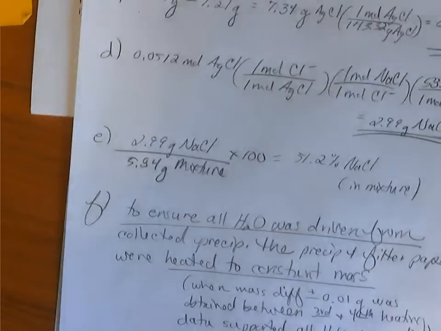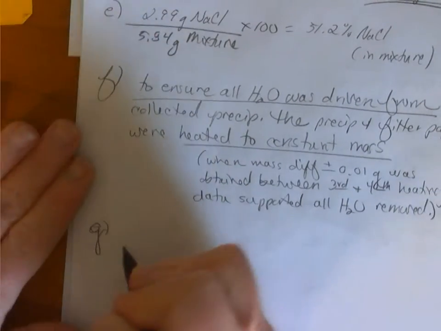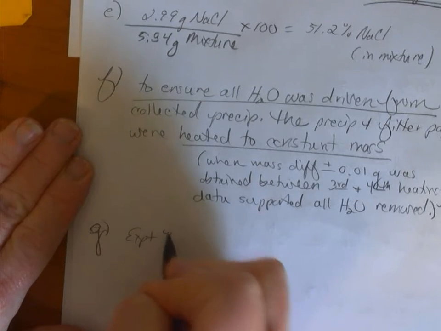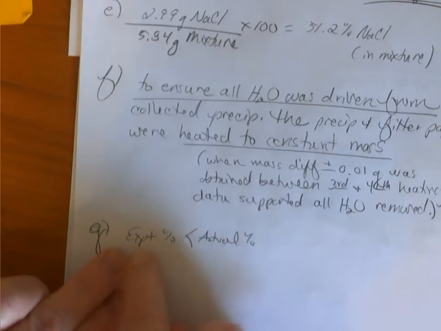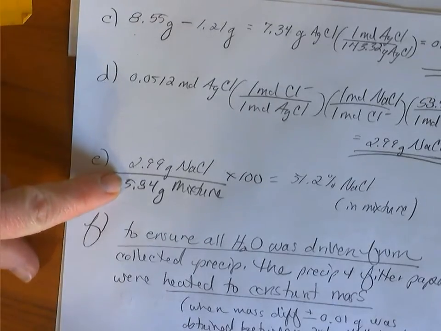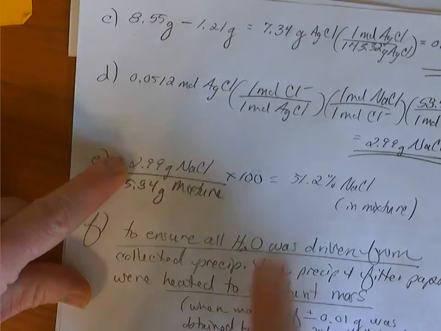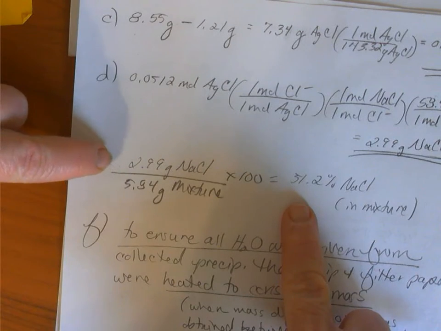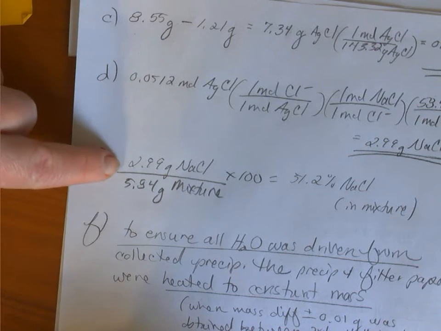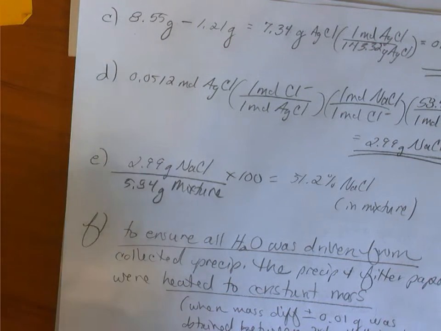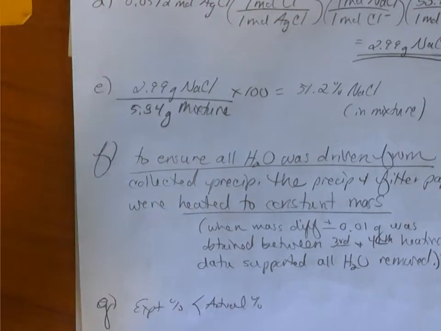Okay, part G, rather. So you found that the experimental percentage was less than the actual percentage. Okay, so if this is how we found the percent, we know that that was accurate. So to get a lower value than we should have, we must have lost some of our collected precipitate. So where would we have lost it?